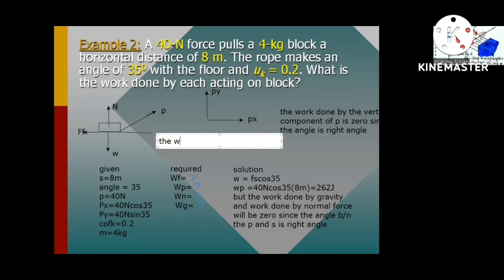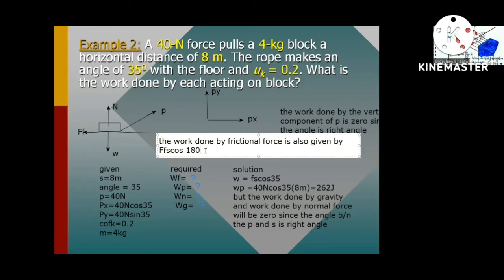Work done by the frictional force is given by F times S cos theta, where theta is 180 degrees. Here F equals mu times the normal force, which is mg.